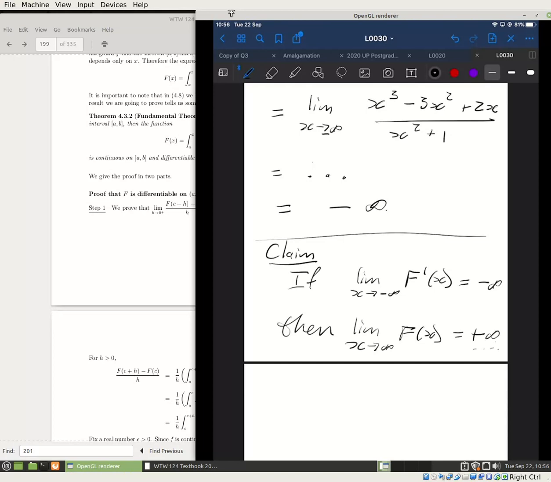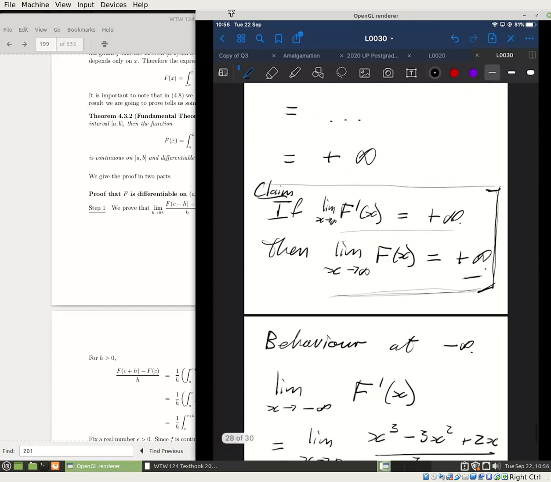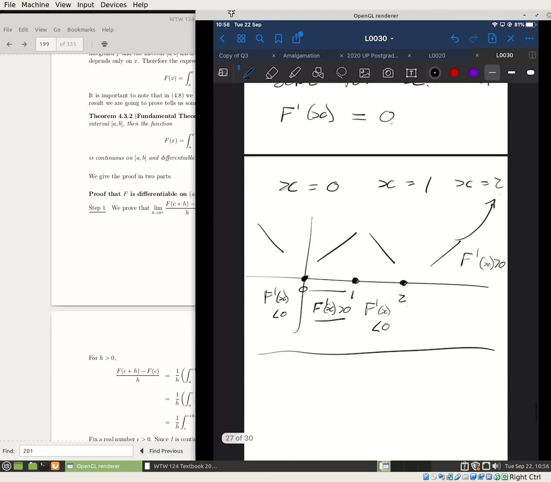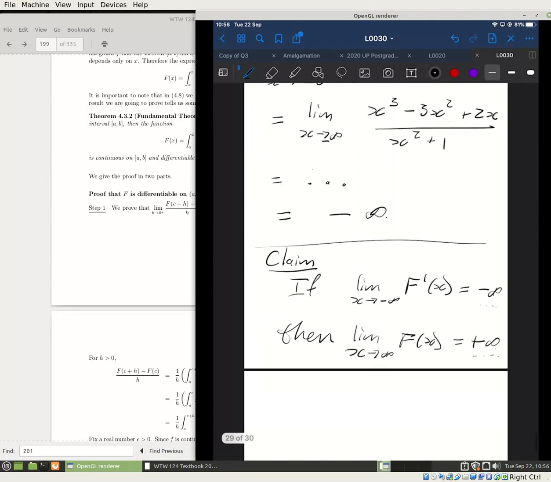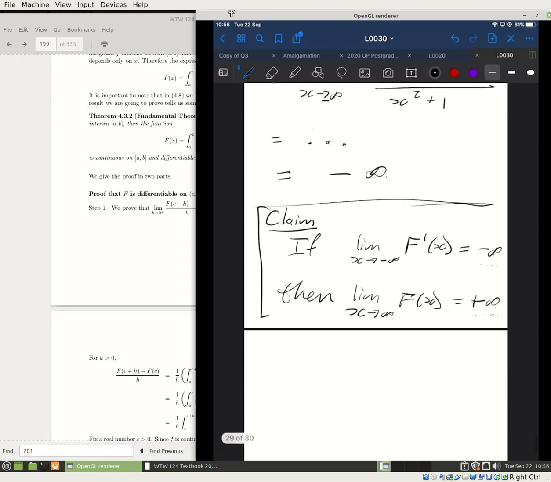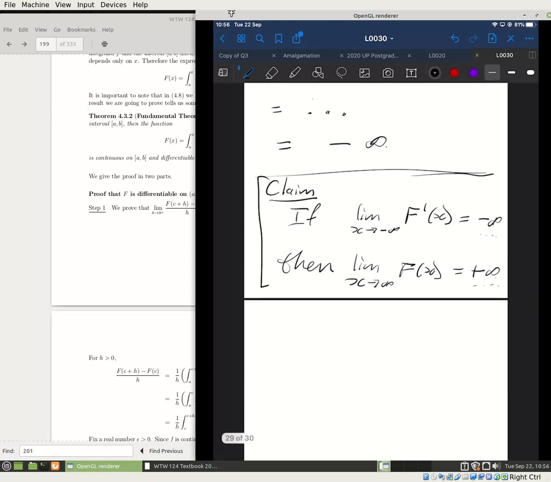So here is something different. You can think of why this should happen. Over here our derivative is negative, but if we move further negative, it becomes more and more negative. So the function values actually go to plus infinity. I will not discuss this claim now, but there will be a video discussing it afterwards.